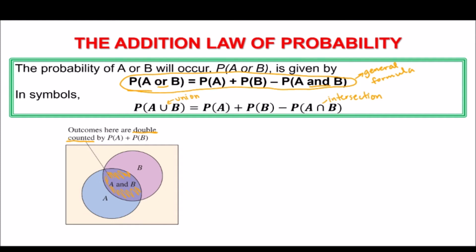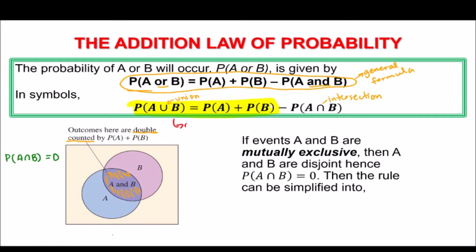But if the two sets are disjoint, imagine there will be no common elements. Then the probability of A intersect B will be 0. And if that is 0, then what will remain is only this part. So this formula will be used when the two events are mutually exclusive.